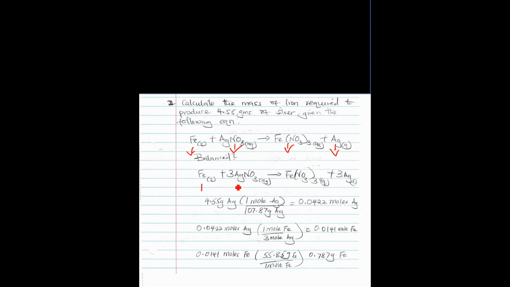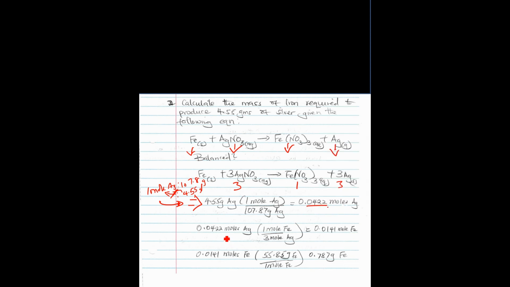It's 1 mole of iron reacting with 3 moles of silver nitrate to give 1 mole of iron nitrate and 3 moles of silver. The first step is to find the moles of silver. You tell yourself 1 mole of silver is equivalent to 107.8 grams. So what about 4.55 grams? You cross multiply, and you get this equation. Those are the moles of silver.